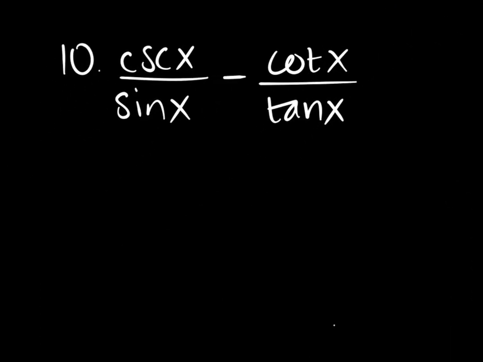Let's look at another one. For 10, we've got cosecant of x over sine x minus cotangent of x over tangent x. So first thing I'm going to do is use reciprocal identity to change cosecant, cotangent, and tangent.